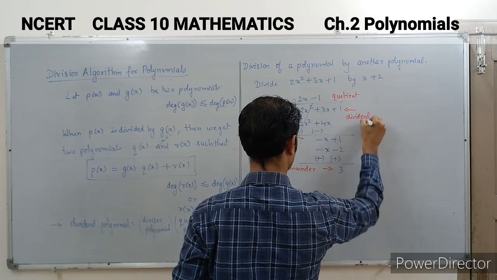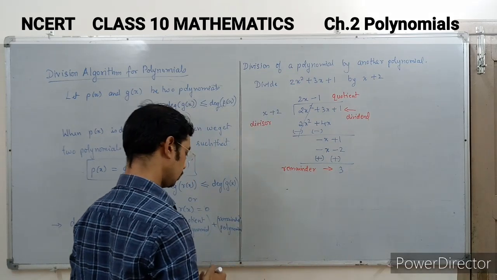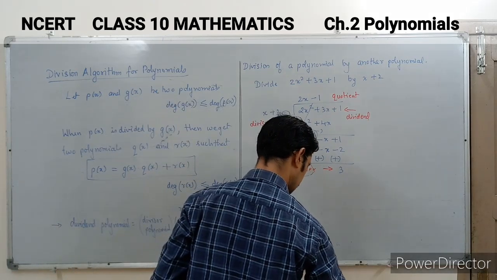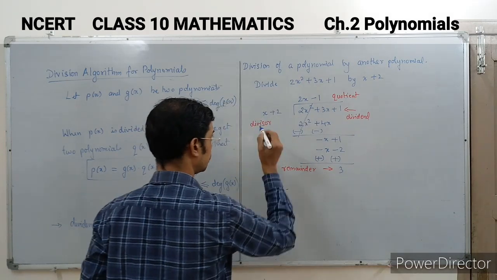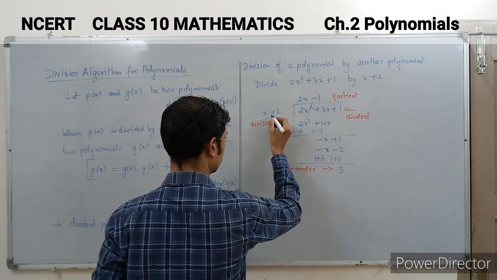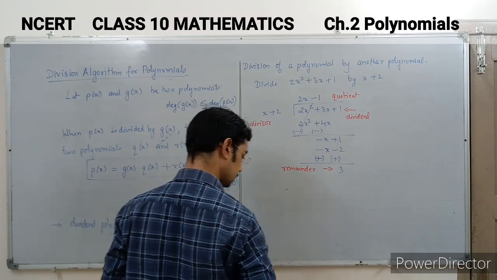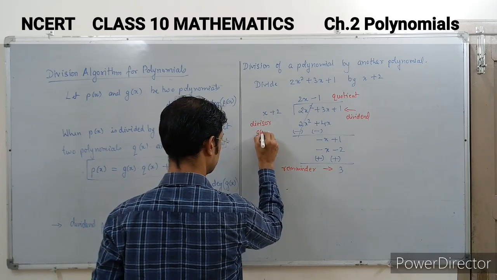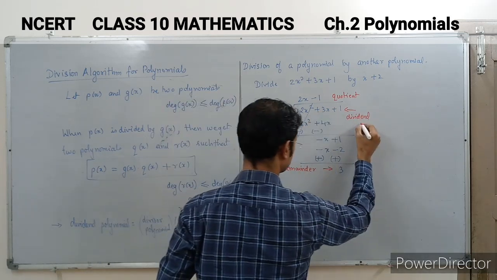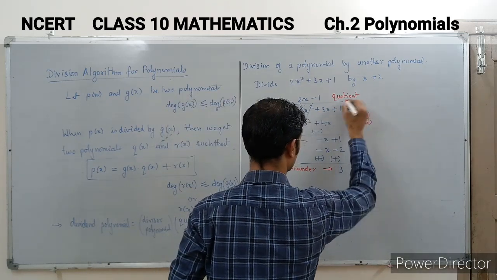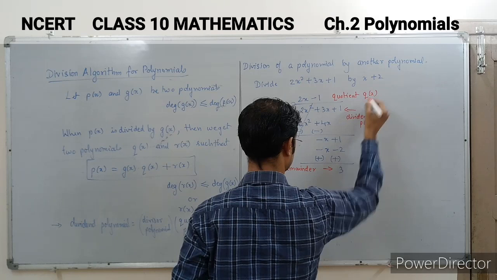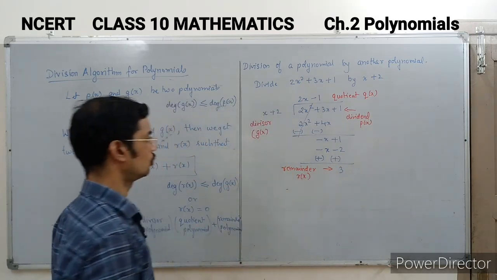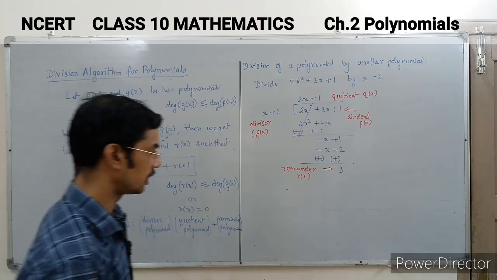Now let us observe whether the division algorithm works here or not. This can be taken as g of x. Dividend is p of x. Quotient is q of x, and this one is r of x. So hope the naming is clear now.